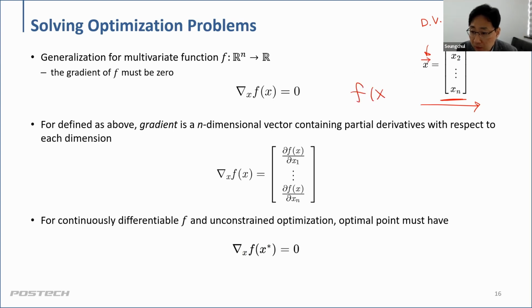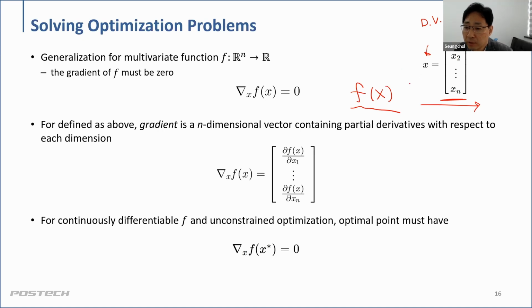In many cases, if the vector is too obvious, I'm not going to put the arrows on top of it. So make sure. And this one is another function like that.